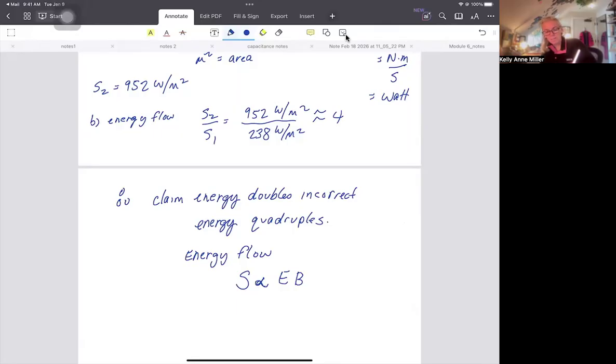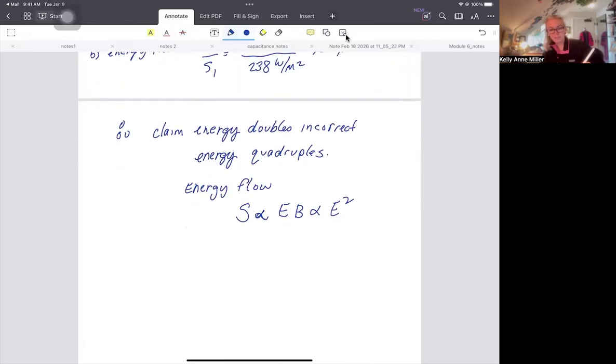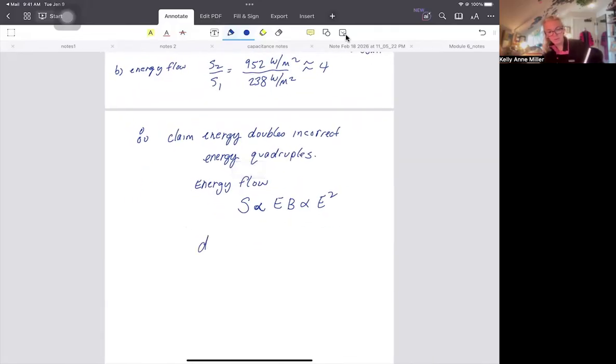It's also proportional to the electric field squared. So if you double the E field, you in turn double the B field, and therefore the energy quadruples.